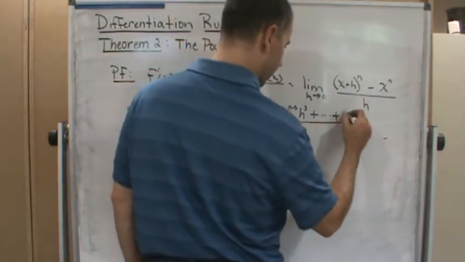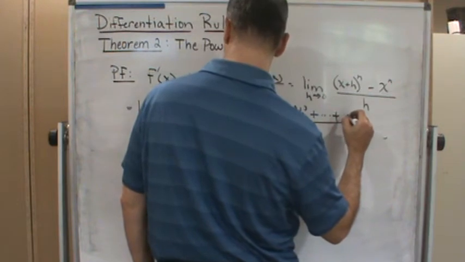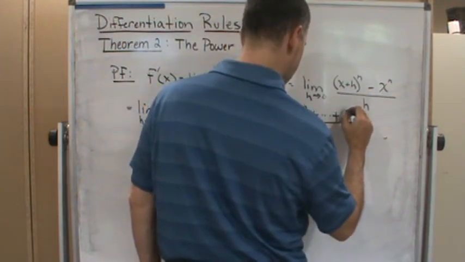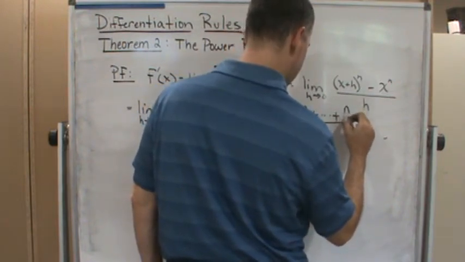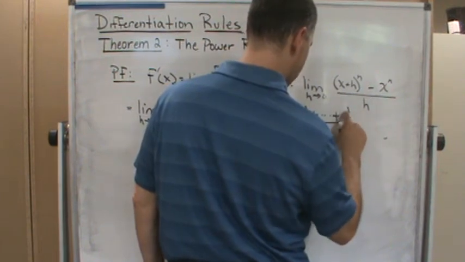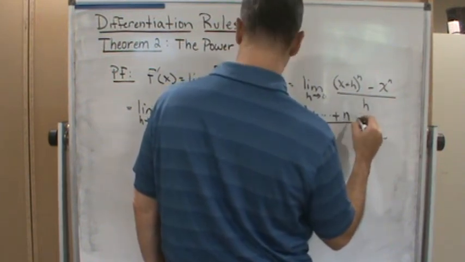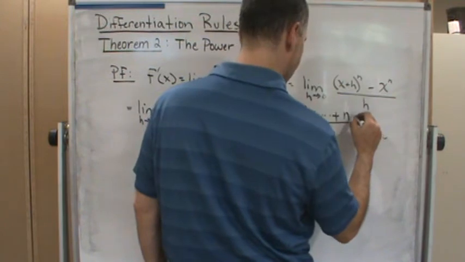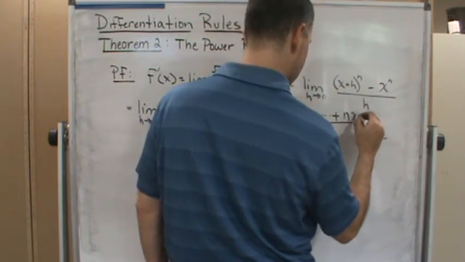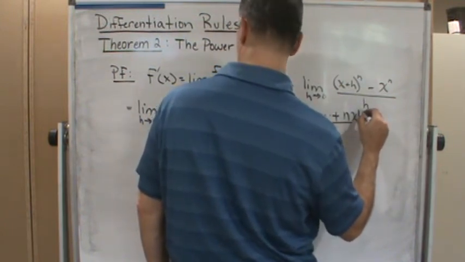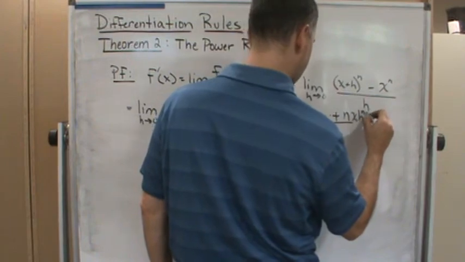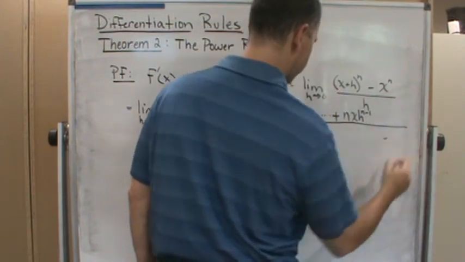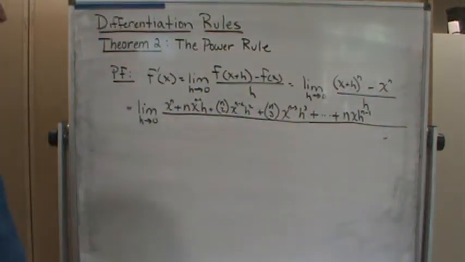But what we're going to end up getting is eventually we're going to get n, and then we're going to get x times h to the n minus 1, right?